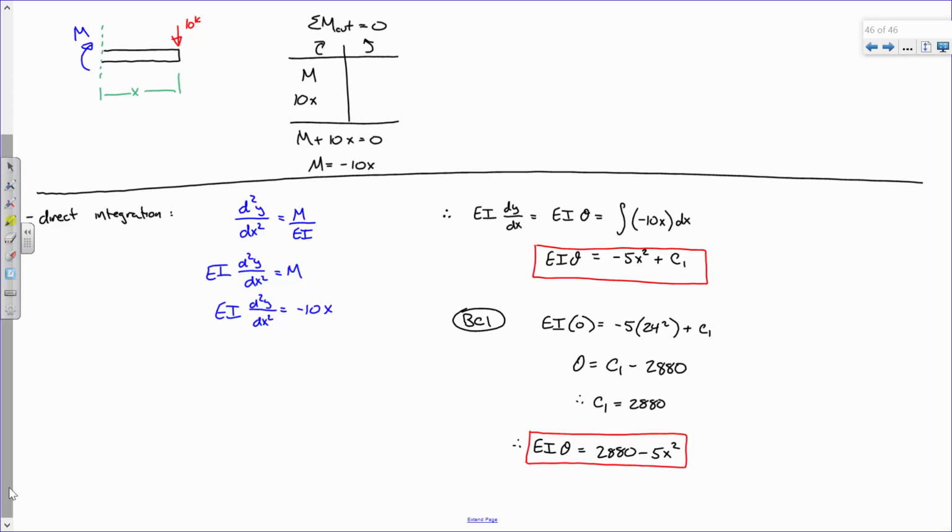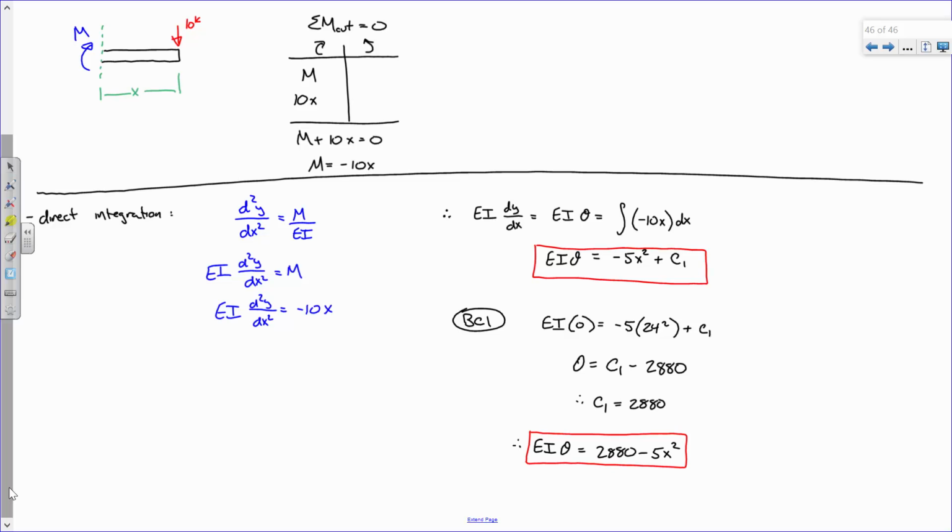Now, what did this problem state that we needed to go ahead and determine? We needed to determine the maximum slope and the maximum rotation. So where does maximum rotation occur on this problem? At B. And what is the x value at B? 0.